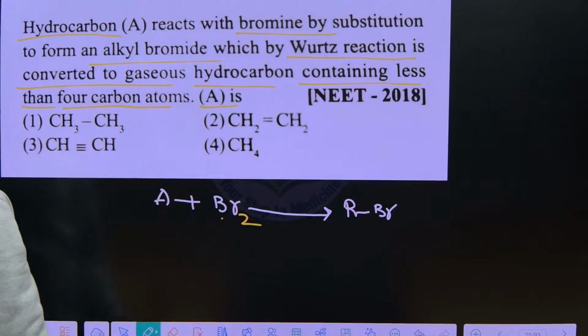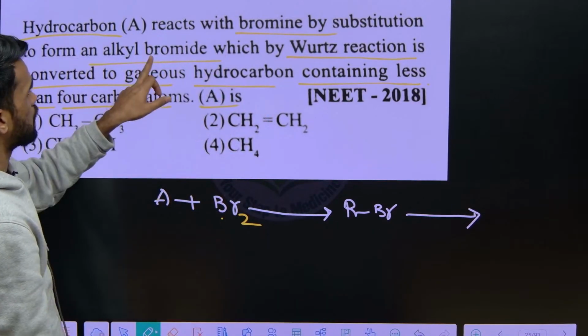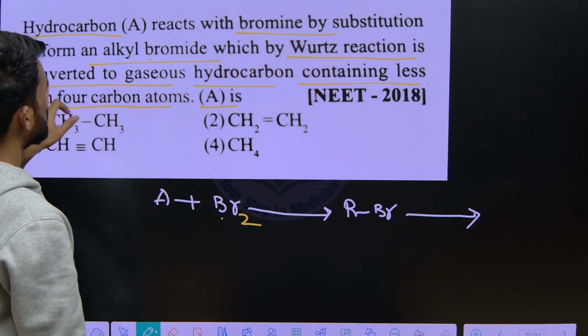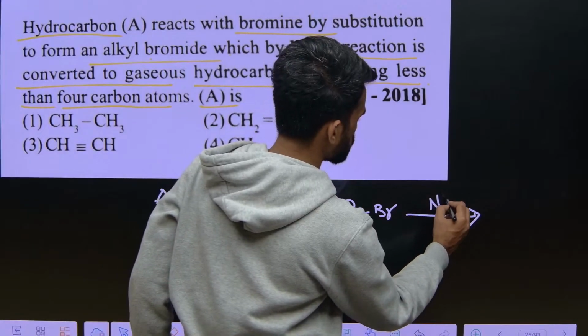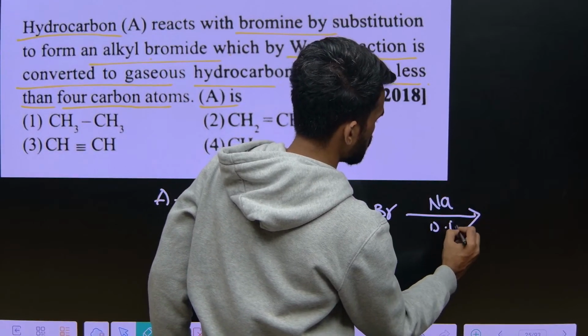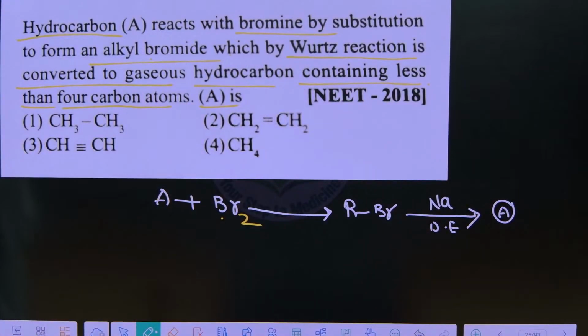That's it up to here. And this alkyl bromide, upon treating with sodium in dry ether, gives a gaseous hydrocarbon containing less than 4 carbon atoms. It is very simple.